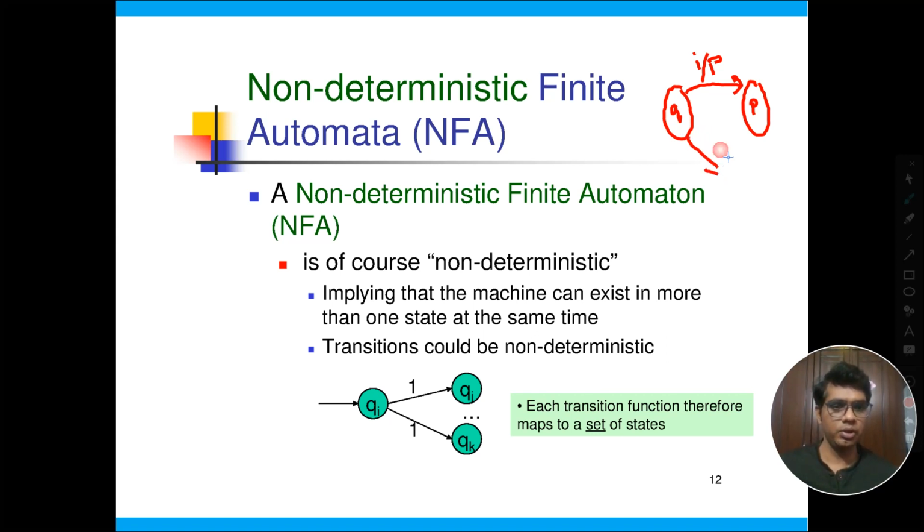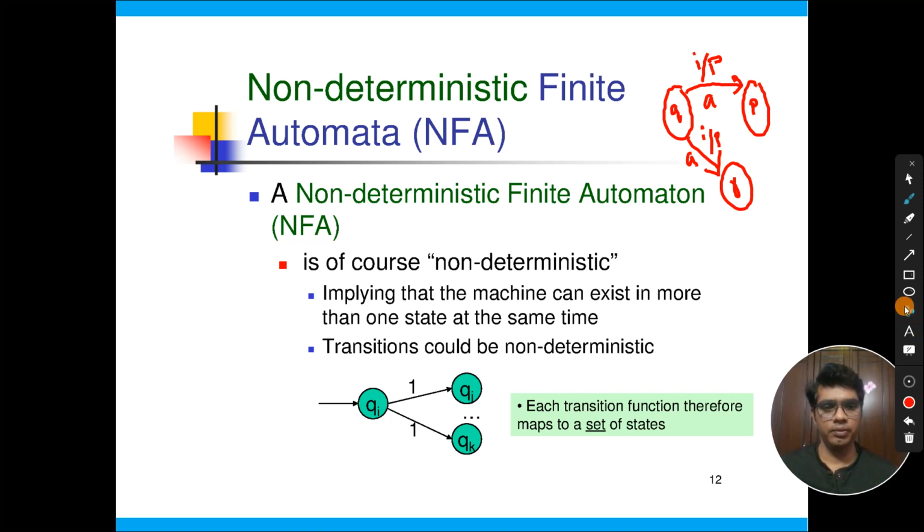If there are more than one state like this, let's say this is R. In this case, it is going from Q to P and Q to R. For the same input, let's say the input is A and input is A, it is going from one state to two states. Then it is called non-deterministic.